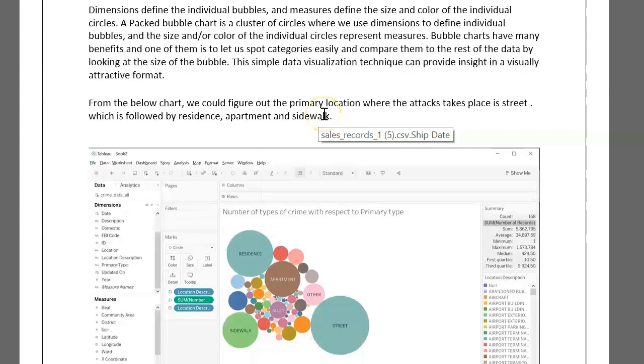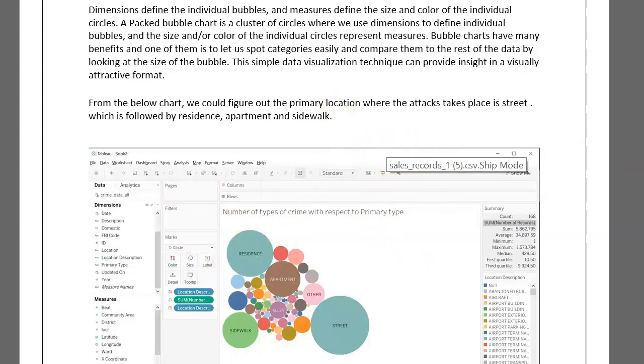And the next would be based upon the location. Here, with the primary type of location, we are analyzing which location type was primarily chosen for committing this crime. So this is the overall picture from 2001 to 2015.